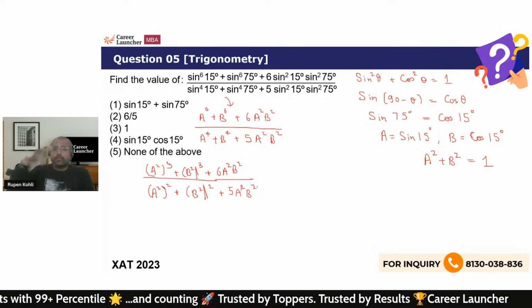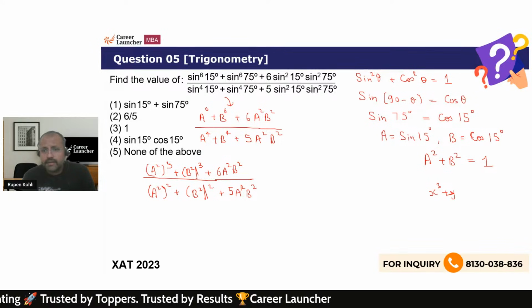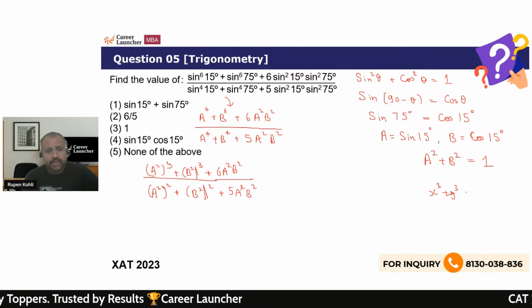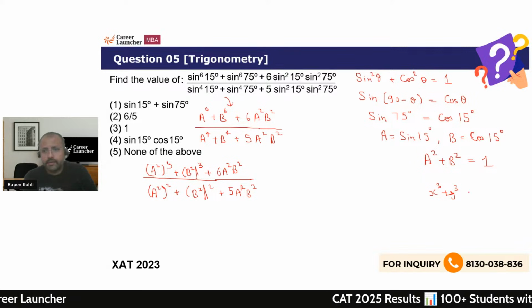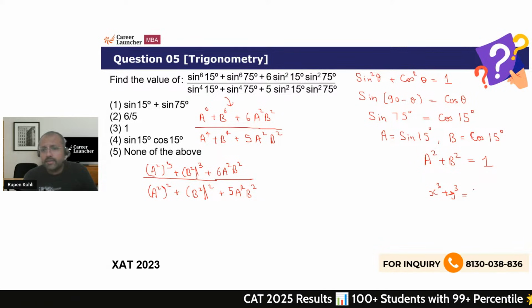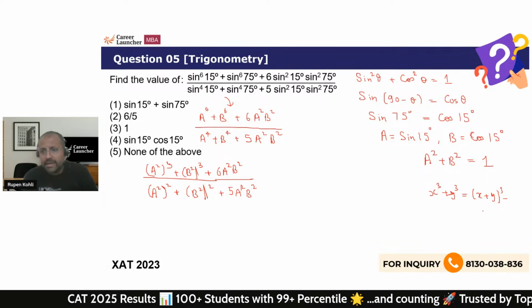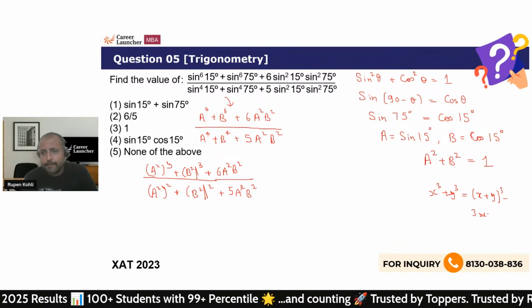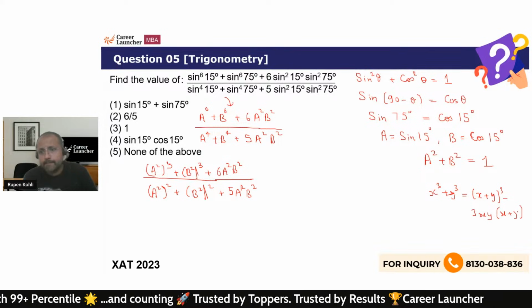Now we know that X cube plus Y cube can always be written as X plus Y whole cube minus 3xy into X plus Y.